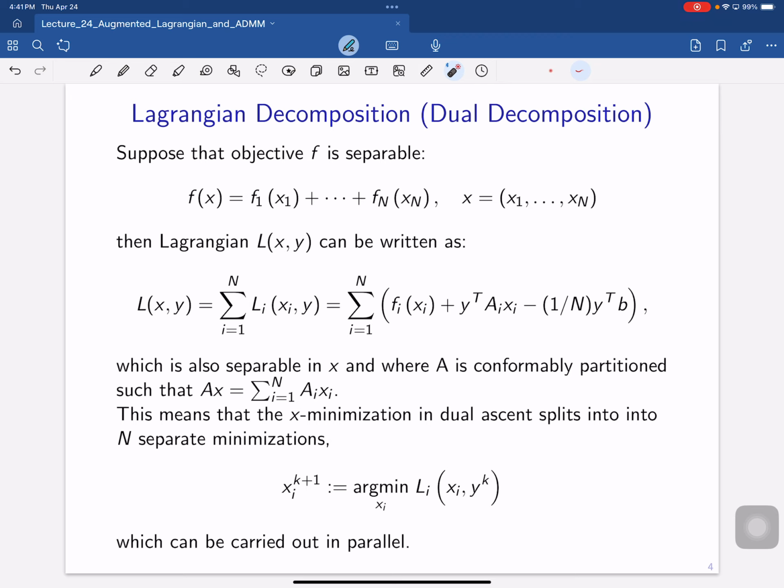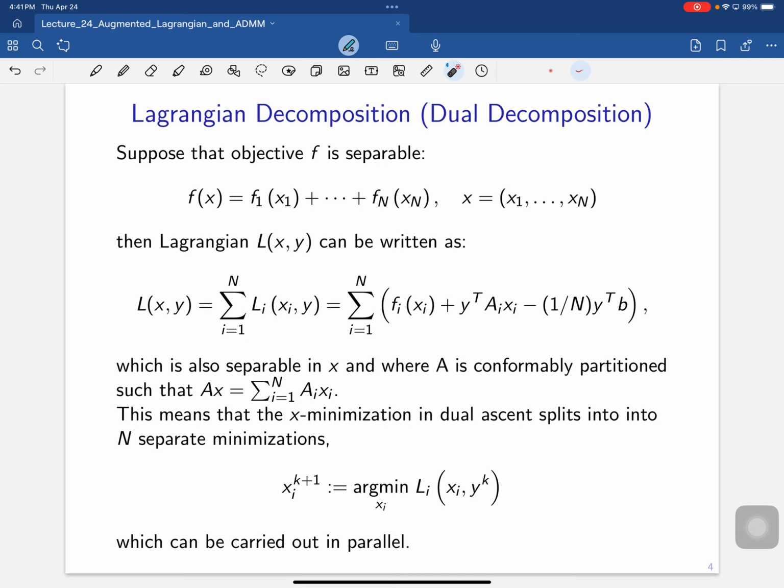Okay, but let's assume you have some sort of complicating constraint represented by Ax. Let's assume we have separated the columns of A and write Ax as a summation of A_i x_i, i from 1 to N. So Ax equals b is your complicating constraint. Now, this is the same thing as Lagrangian decomposition we covered before.